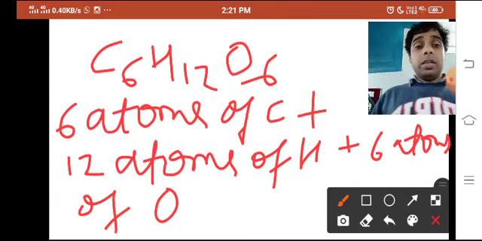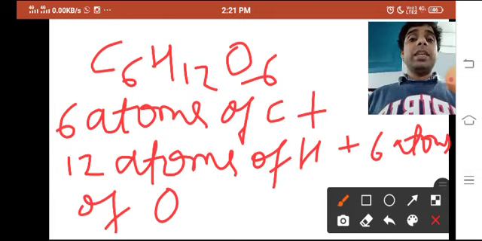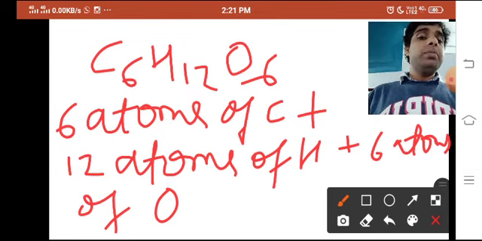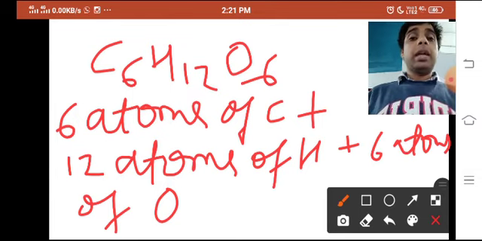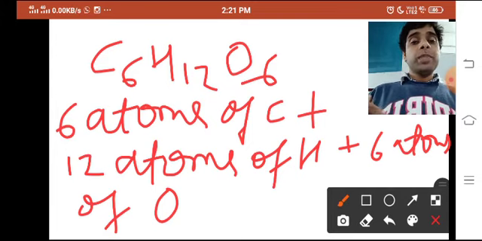Again, individually you have to understand the atomic mass of each and every element. Carbon atomic mass you know, hydrogen atomic mass you know, oxygen atomic mass you know, and then you have to multiply with this.